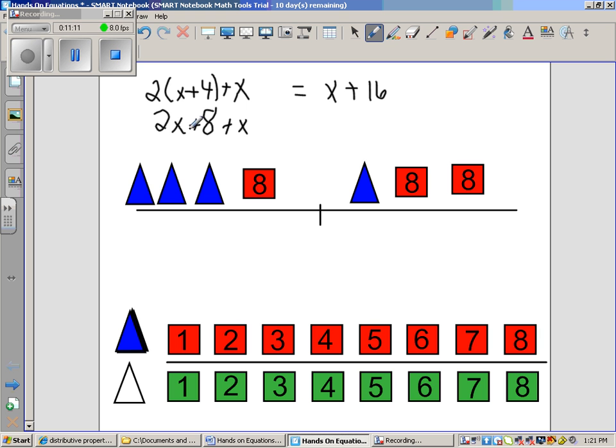Then I can combine my like values together, my variables. 2x plus x is the same as 3x plus 8. So that's why mine might be in a little bit of a different order than yours, but as long as you have 3 x's and the value of 8 equals x plus 16. And go ahead, solve for x and check it.